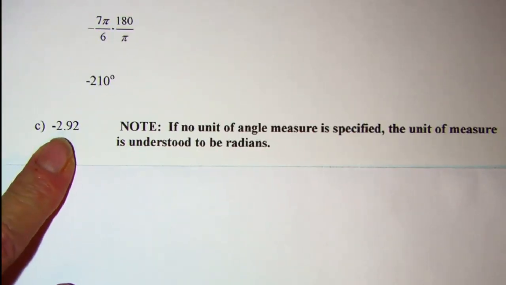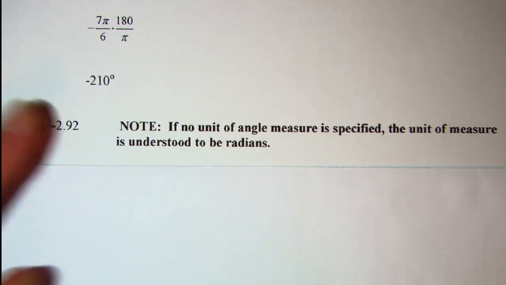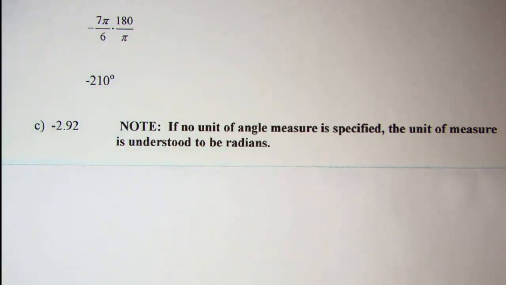And when that happens, if no unit of angle measure is specified, the unit of measure is understood to be radians. So on these other ones, we had a pi in the measurement, and even though there was no unit of measure specified, it looked like a radian measure. So this one is a radian measure also, even though there's no pi in the measurement.